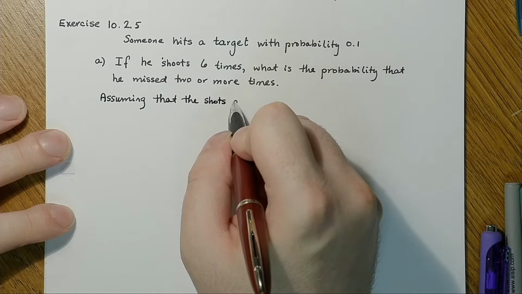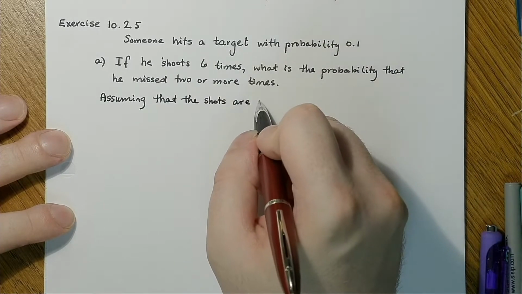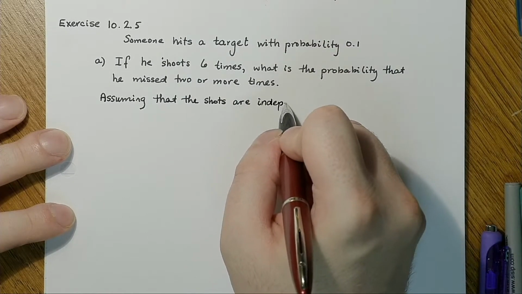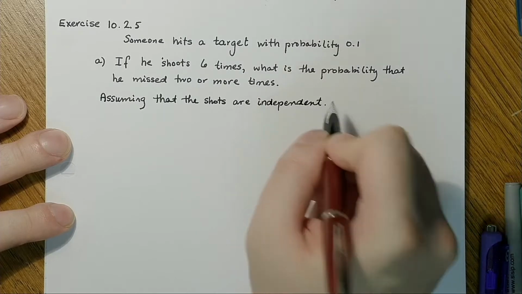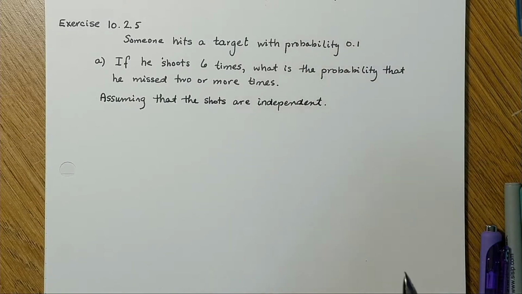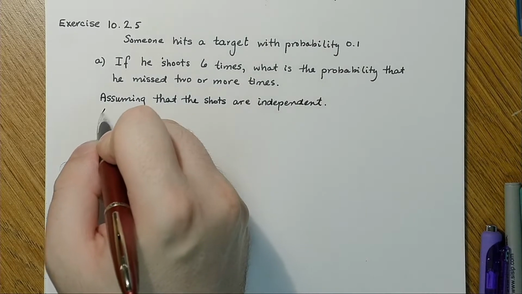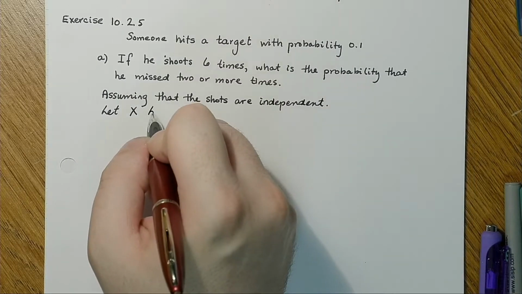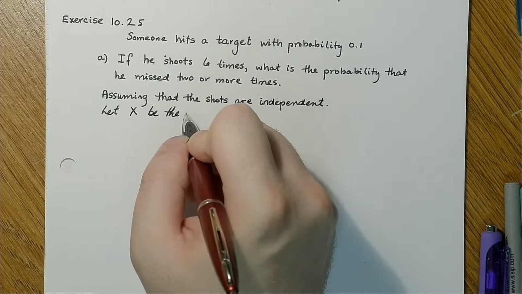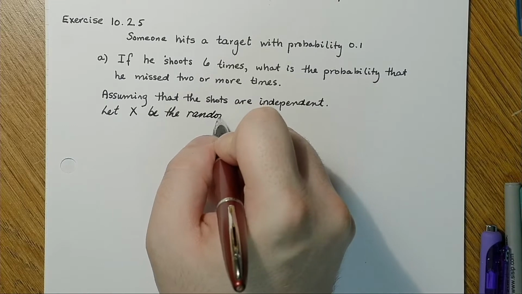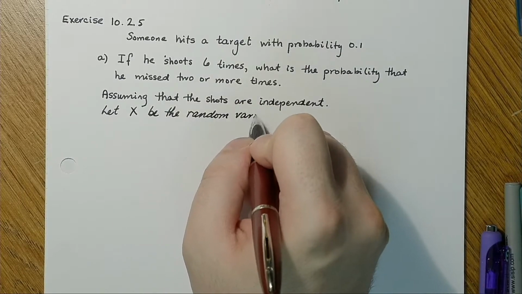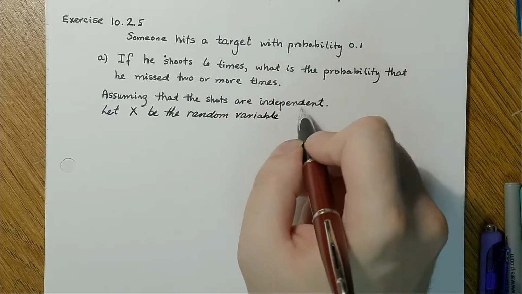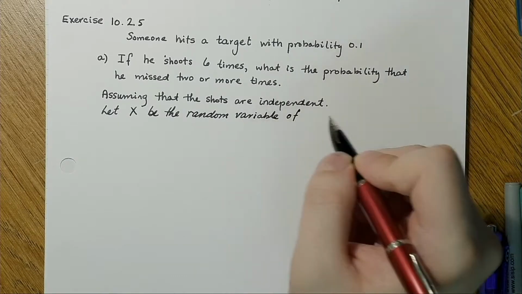So assuming that the shots are independent, let x be the random variable of shots.